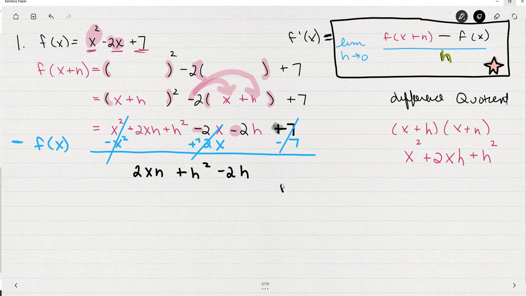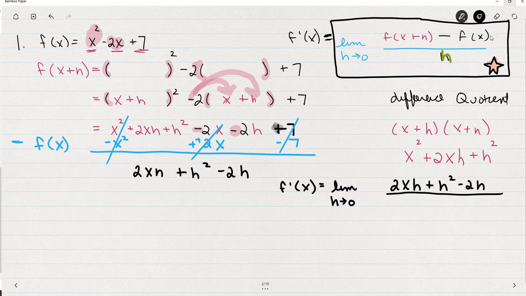So going back to f prime of x, that's equal to the limit. Don't lose this limit. We're not just doing a difference quotient, we're doing the limit of this difference quotient. And this numerator we have worked out to be 2xh plus h squared minus 2h.